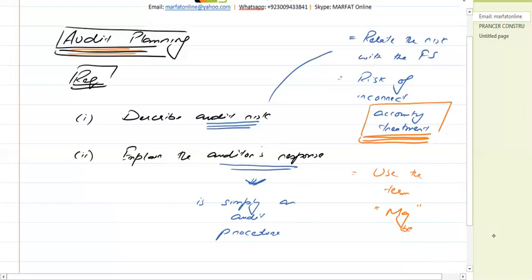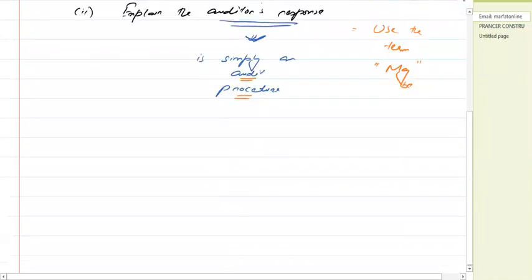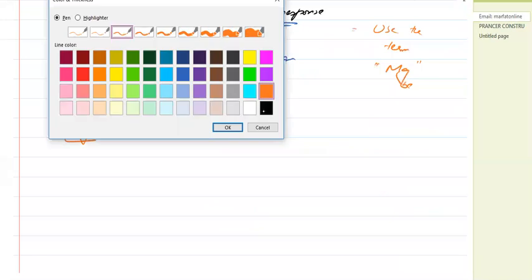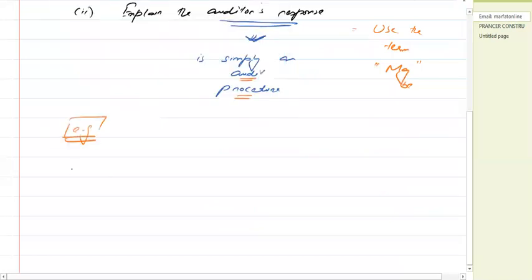So explain the auditor's response is simply an audit procedure. You have identified the risk. Now, let me give you some examples, and with the help of the example, you can understand what I am actually trying to say. For example, the company disposed a non-current asset.